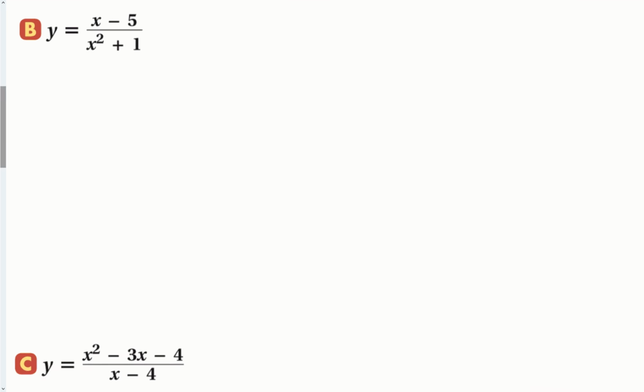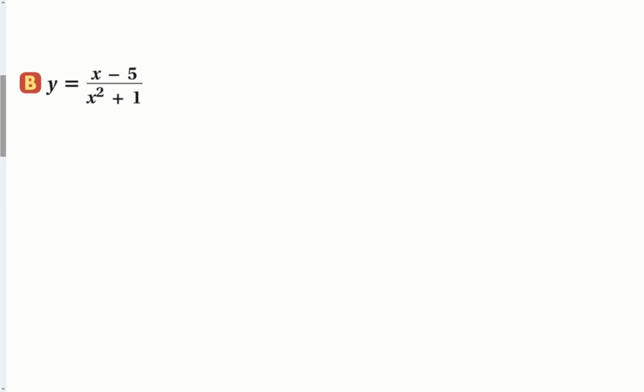Let's try this one. Okay. Factor the denominator. I don't really see how it factors. If I set the denominator equal to 0, we can see that it's continuous. So the domain of this function is all real numbers.